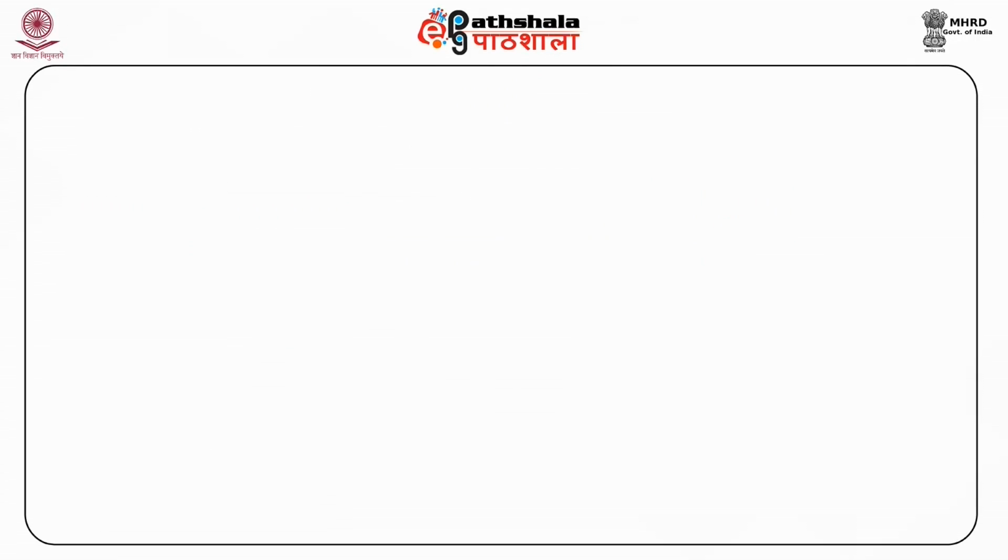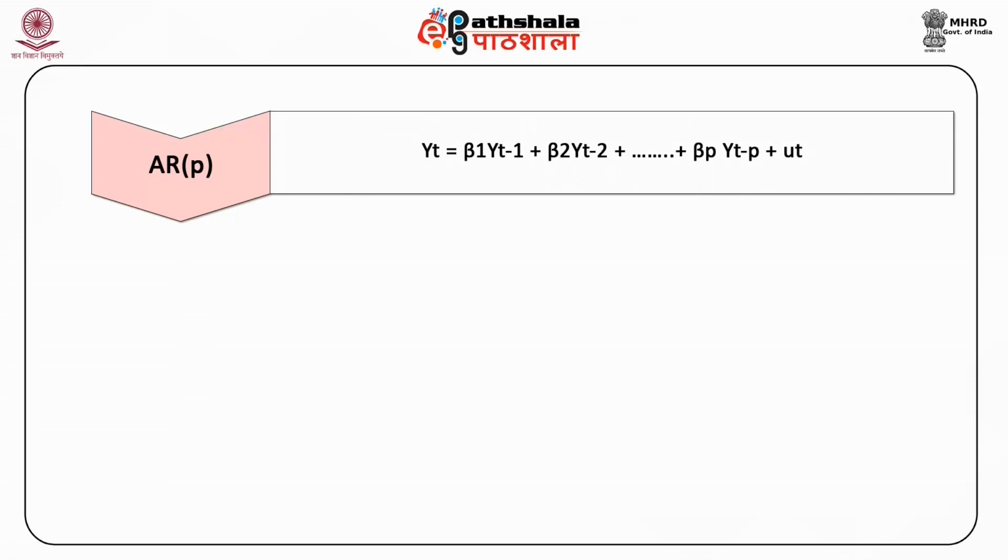Now, let us see how the autoregressive moving average model is defined through an equation. Yt is equal to beta 1 Yt-1 plus beta 2 Yt-2 till beta p Yt-p plus ut plus gamma 1 ut-1 plus gamma 2 ut-2 till gamma q ut-q.